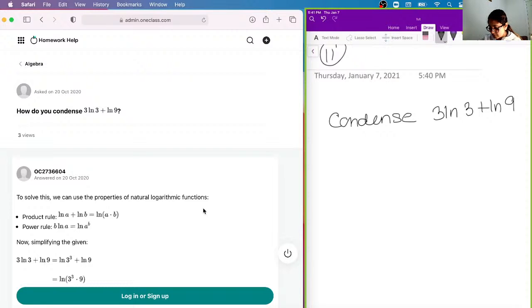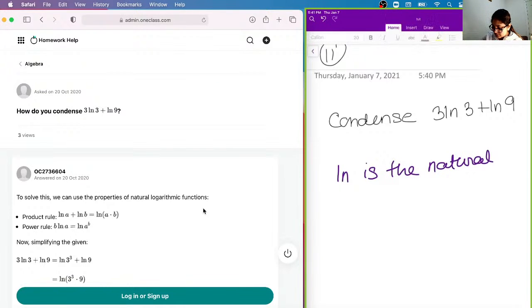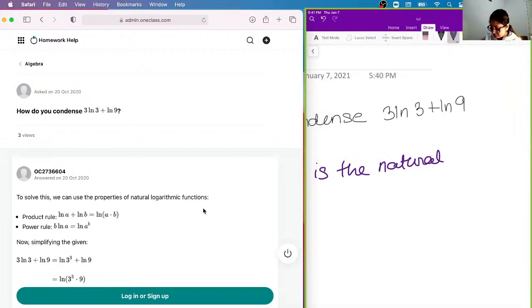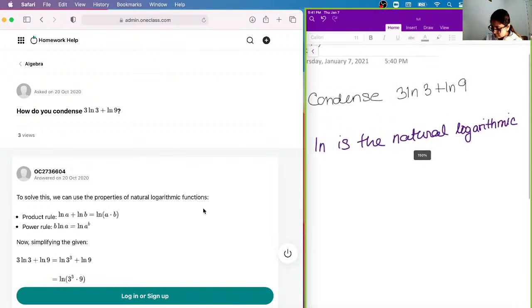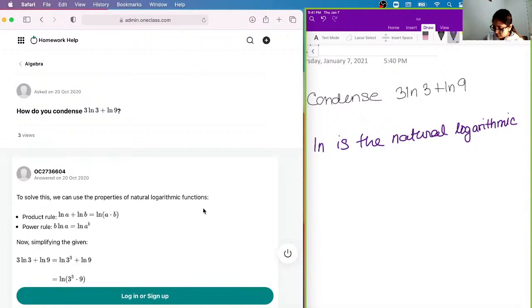So if you guys remember what ln is, a natural logarithm, a logarithmic function with base e.